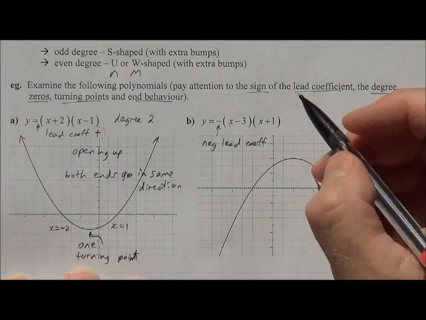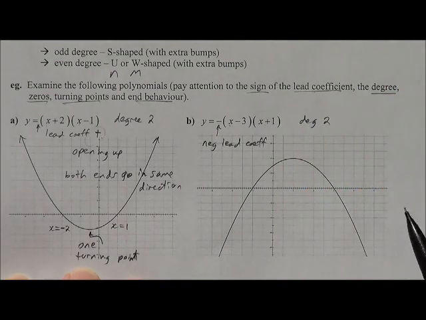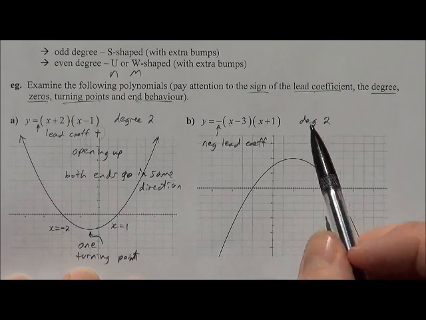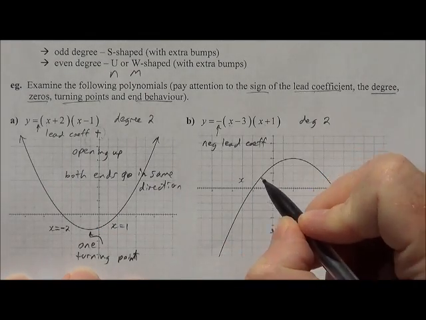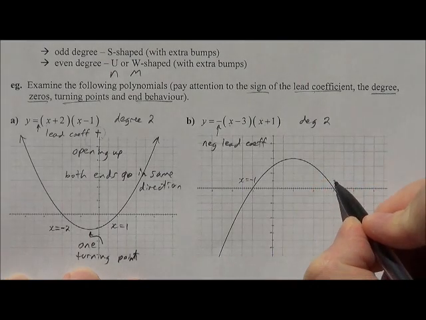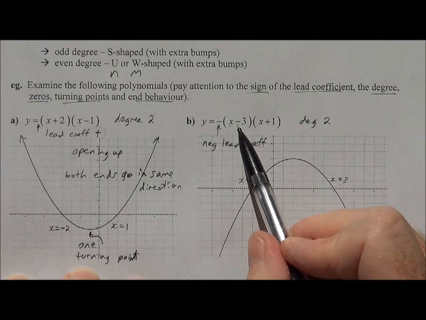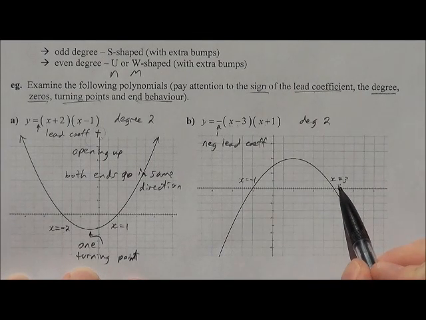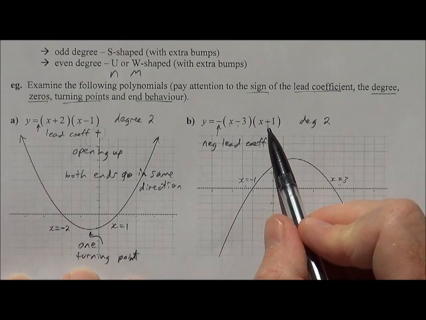Again, we've got two factors, and we know it's degree 2 because it's a parabola. The zeros are x equals -1 and x equals 3. Notice how the factor x minus 3 compares with the zero x equals 3, and the zero x equals -1 with the factor x plus 1.